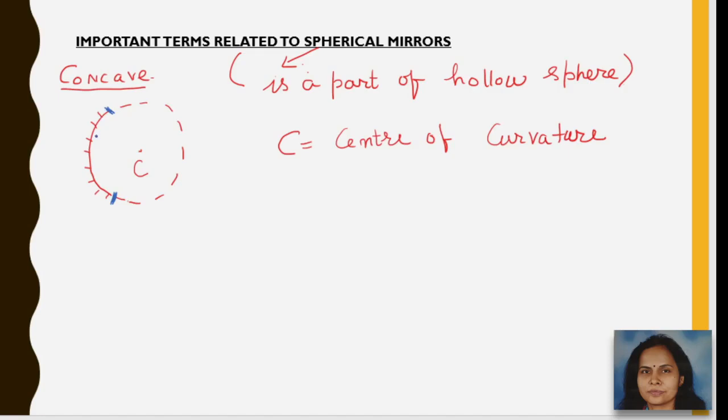The total length of the spherical mirror is known as aperture, and it is generally represented by MM dash. So this is the total length of the reflecting surface, which is known as aperture.